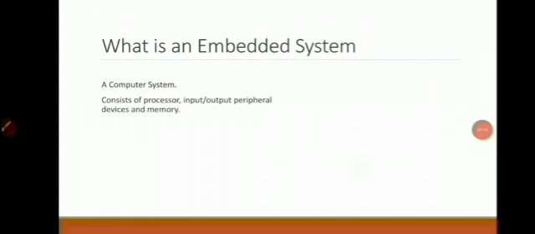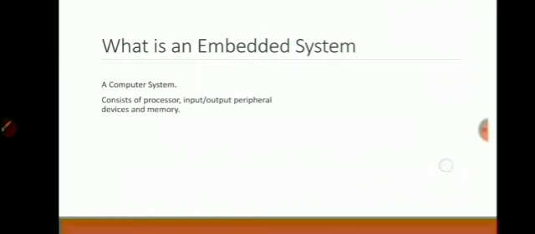Just like this, an embedded system consists of an input peripheral device such as a sensor, an output peripheral device such as LEDs, a drive or a motor, and a processing unit which we term the microprocessor. It also has one more major component, the memory unit.